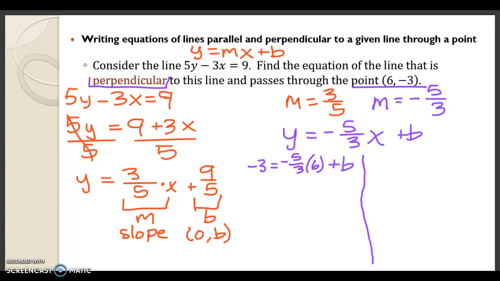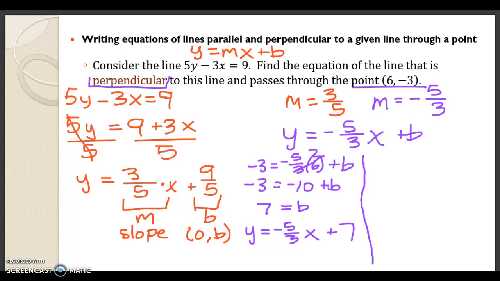So negative 3 equals 6 times 5/3, which is going to be negative 10, plus b. I did that quickly because the 6 over 3 goes to 2, and negative 5 times 2 is negative 10. So let's add 10 to both sides. We should get 7 equals b. And then from there, we'll plug it in: y equals negative 5/3 x plus 7.